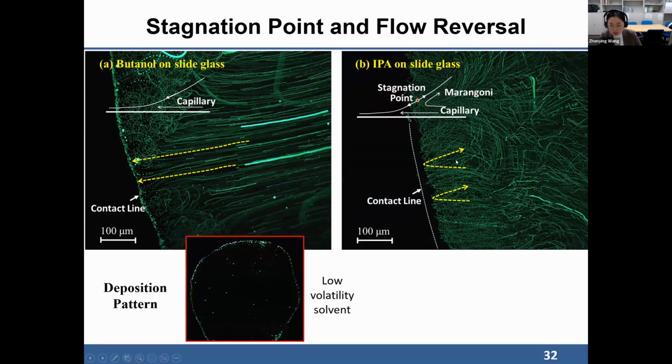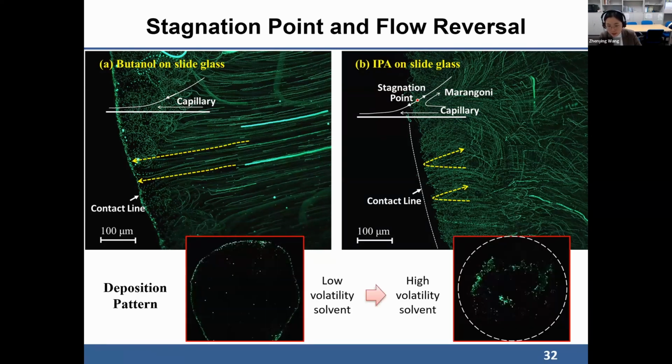This also corresponds with the final deposition pattern we got. For a low volatility solvent such as butanol, there is a coffee ring effect. When the solvent volatility becomes high, because of the flow reversal at the droplet surface, the deposition pattern becomes more focused in the inner region, which causes the transition from a coffee ring effect to a more interior deposition.